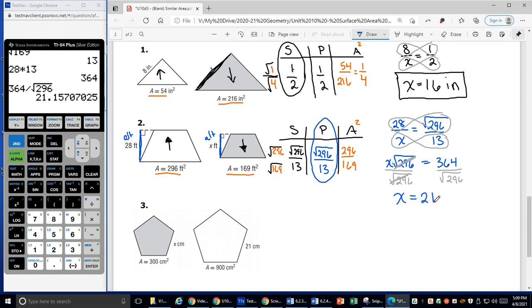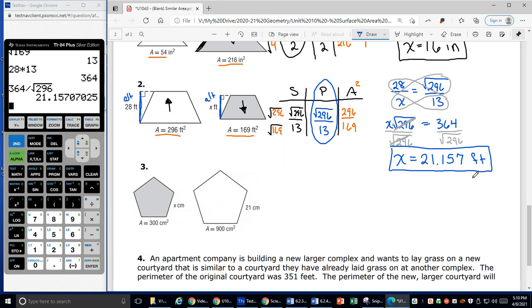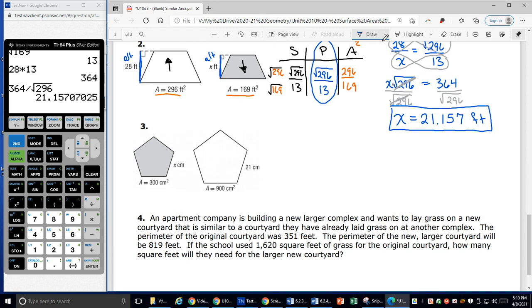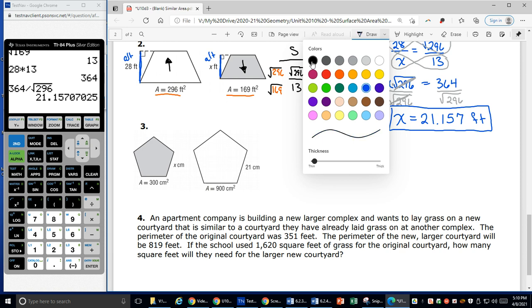So 21.157. My units are feet. So the altitude for that second figure is 21.157.